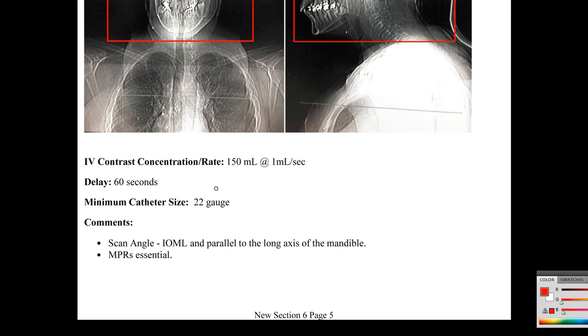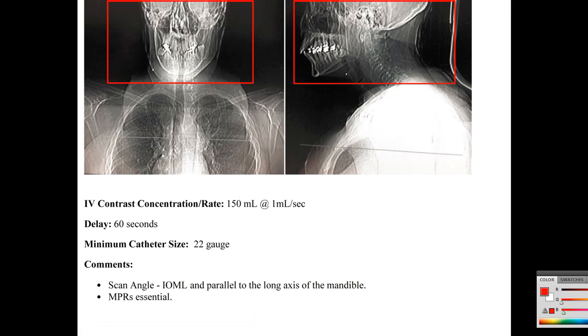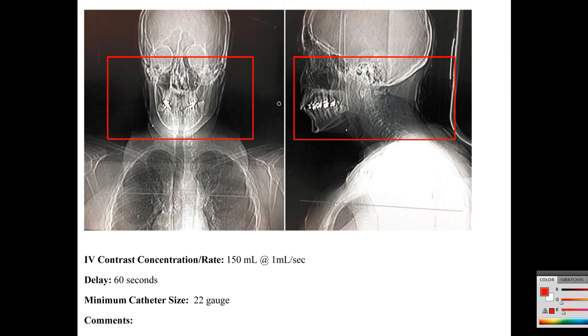Once again, the scan angle is going to be at the IOML and parallel to the long axis of the mandible. And so basically you'll scan like this, and then parallel to the long axis of the mandible, which would be this, and kind of fits the angle of the C-spine.